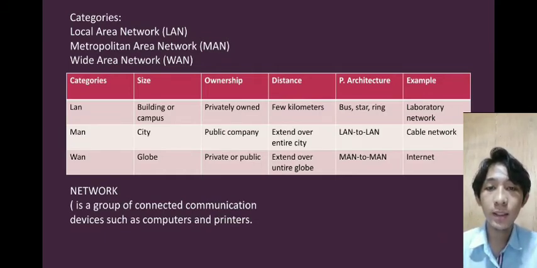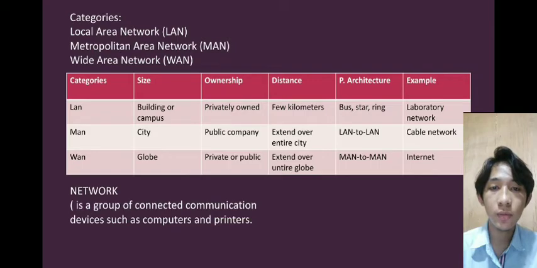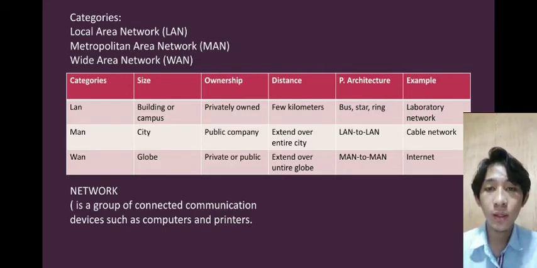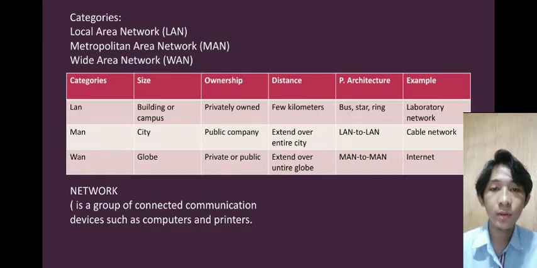Categories. MAN. Size. City. Ownership. Public company. Distance. Extends over the entire city. Architecture. Land to land. Example. Cable network. Categories. WAN. Size. Globe. Ownership. Private or public. Distance. Extends over the entire globe. Architecture. Man to man. Example. Internet.